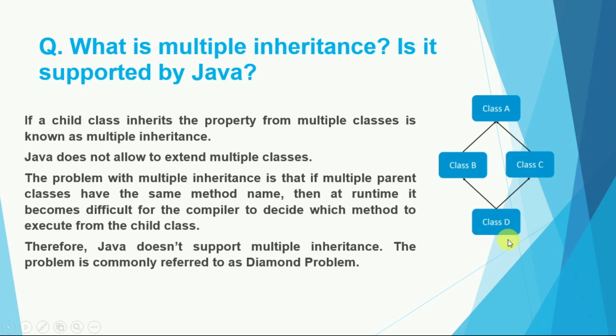We have a child class and we extend both classes, and we call a particular method inside this child class, and that particular method with the same signature is present in the B class also, in the C class also. Then how can the compiler decide which method to execute from the child class? So therefore Java does not support multiple inheritance. This problem is commonly referred to as the diamond problem. Okay, so I hope you understood.